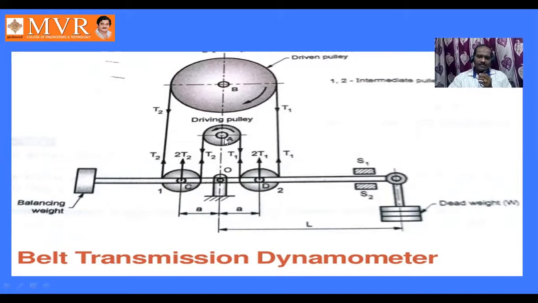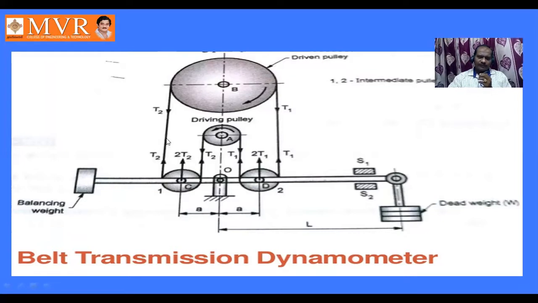So what happens here? When it rotates, it also makes a number of oscillations. If you observe, it is rotating in the clockwise direction, and the driving pulley is rotating in the anti-clockwise direction. All these driving and driven pulleys are connected by a belt.